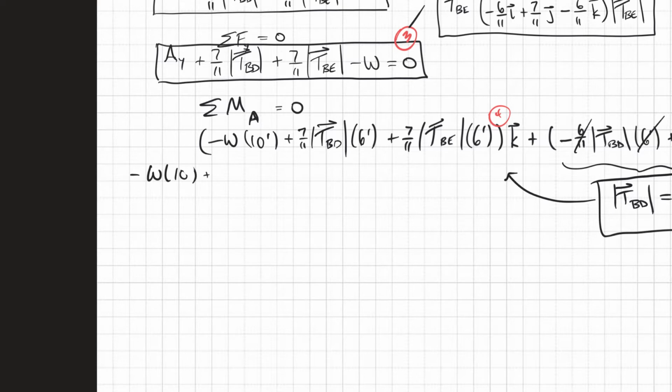Not that it's a big deal, but sometimes it's the little things. So 42 over 11 times TBD. This one will also end up being 42 over 11, but it's going to be TBD, because I'm saying they're equal to each other. So really, I'm going to have twice as many of this, so 84 over 11 TBD equals 0.